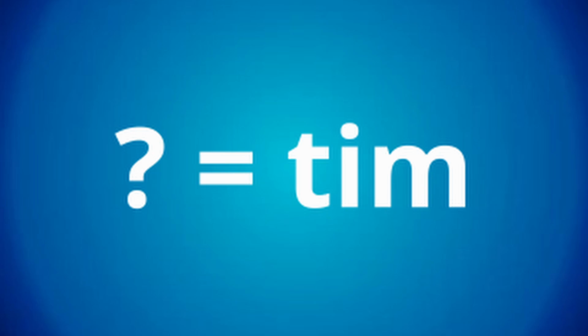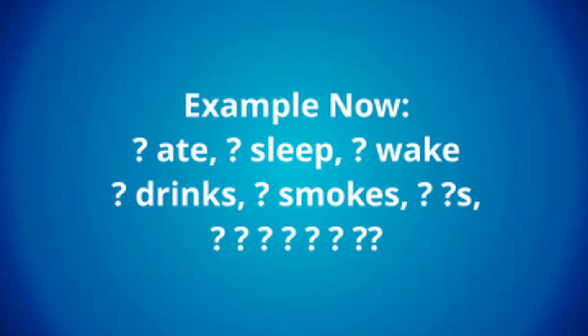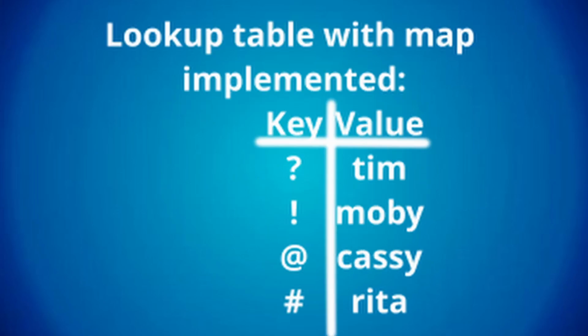You replace Tim with that exclamation mark, and you don't have to write Tim so much, because Tim takes up more space than an exclamation mark. And you could do this with a bunch of stuff that appears multiple times, and you could put small symbols for it and find it easily using a lookup table.